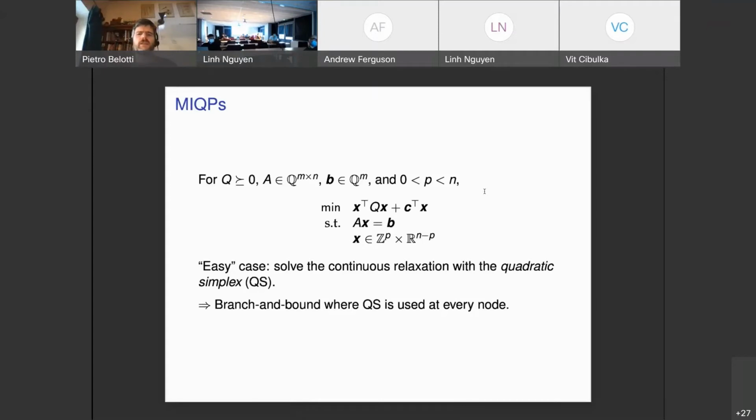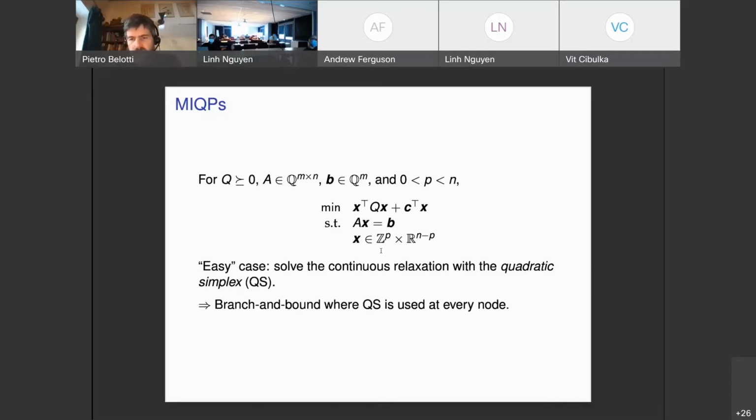So once we have a problem that has been pre-solved and a few variables have been fixed, we have a problem that might be reduced, but it's still quadratic. Well, in the simpler case where only the objective function is quadratic, and some variables are discrete, the basic technique to use there is branch and bound, where every node is solved with a quadratic simplex.